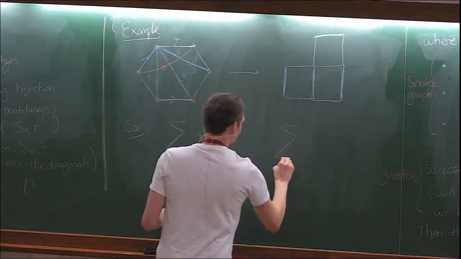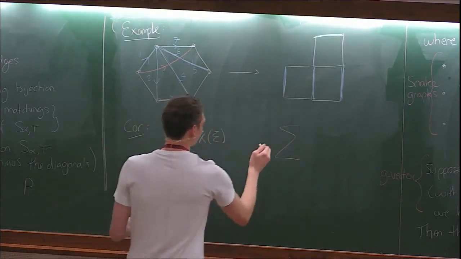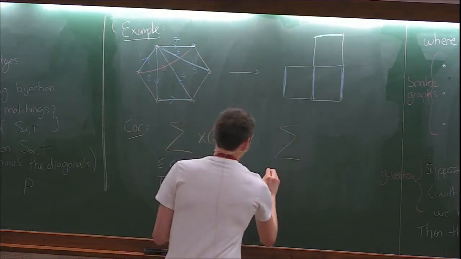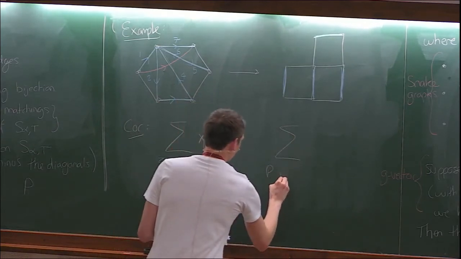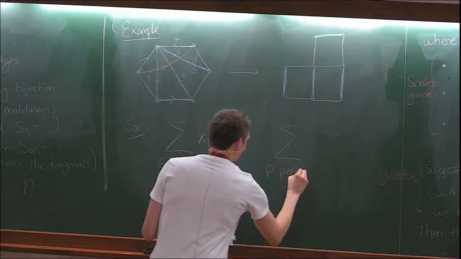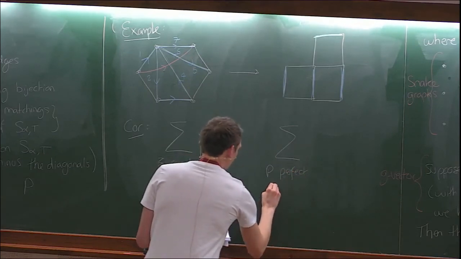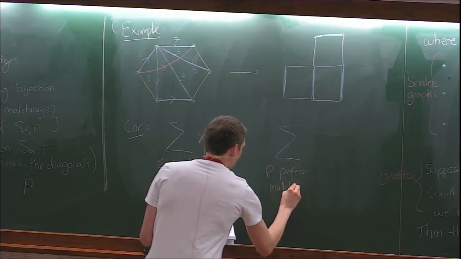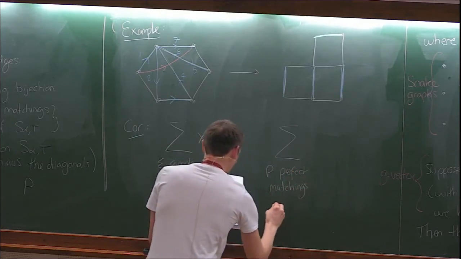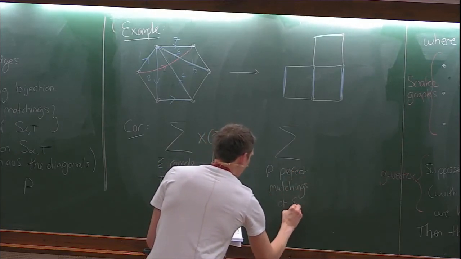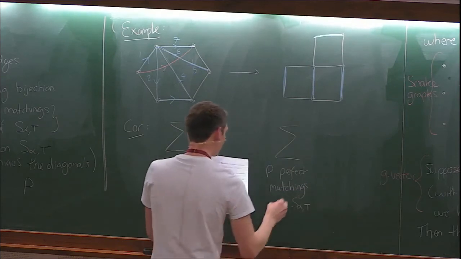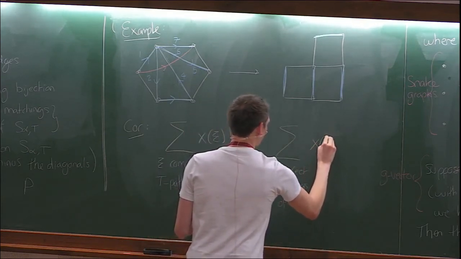And let's just draw a sum over here. So P, perfect matchings of the snake graph, and we'll say XP.